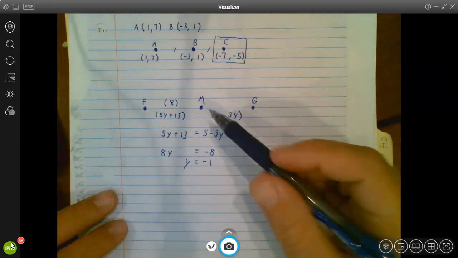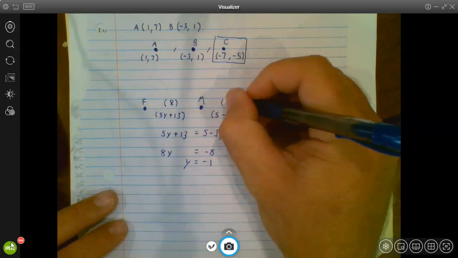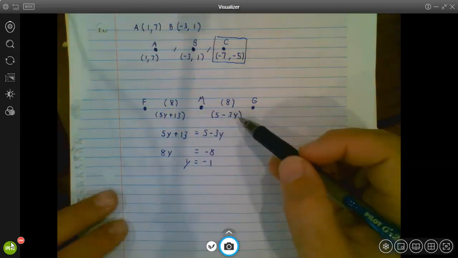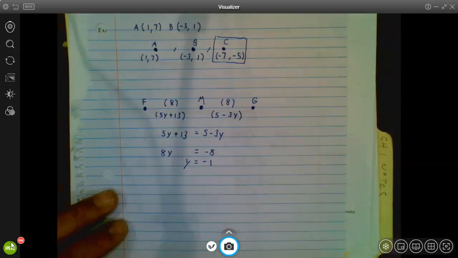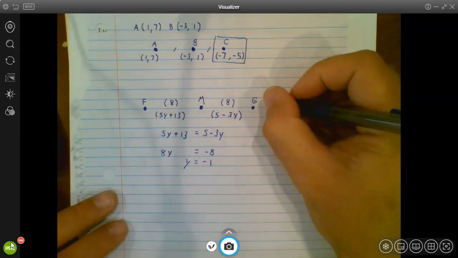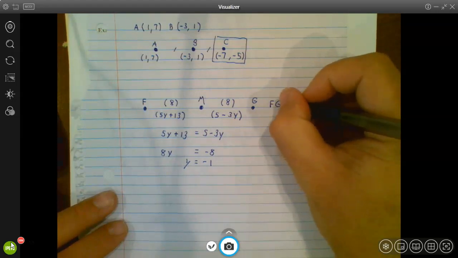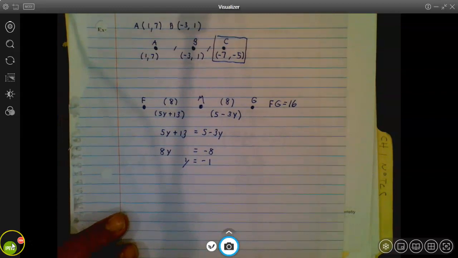Remember, M is the midpoint, so if that's 8, this is also 8. And it should make sense. If I take that -1 and plug it in, I should get 8, which we do. So now I could say, what is FG? Well, 8 plus 8, so FG would equal 16. And so that's how we're doing that last group of problems. So hopefully you see a couple of those in homework.